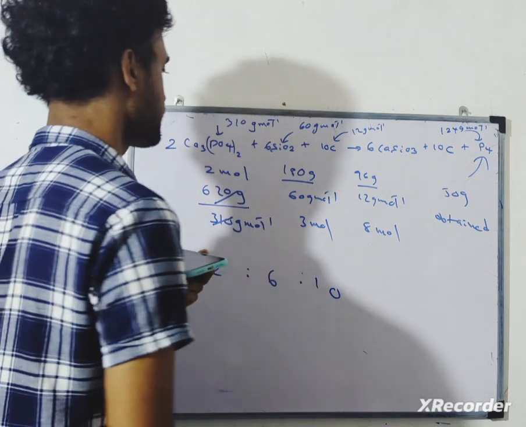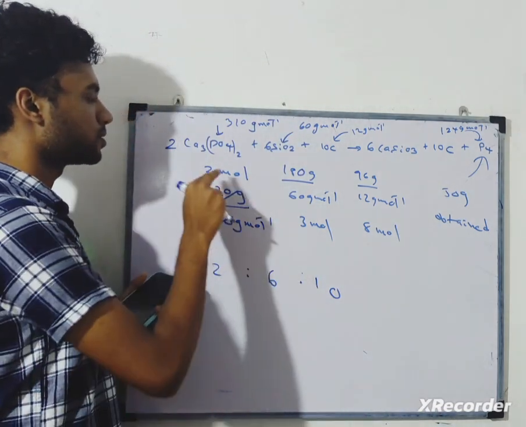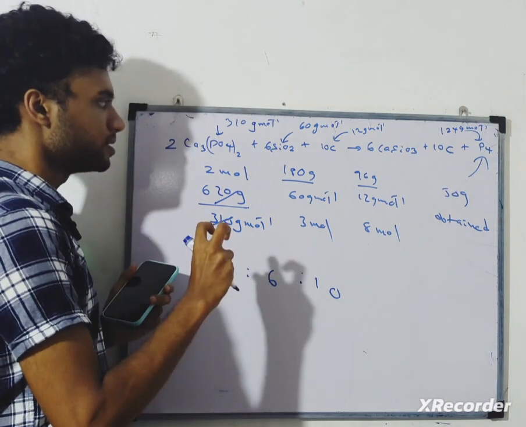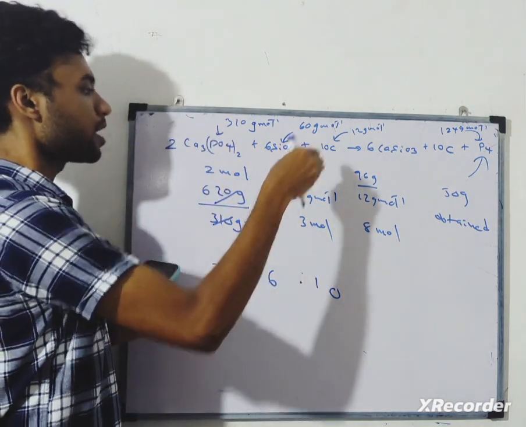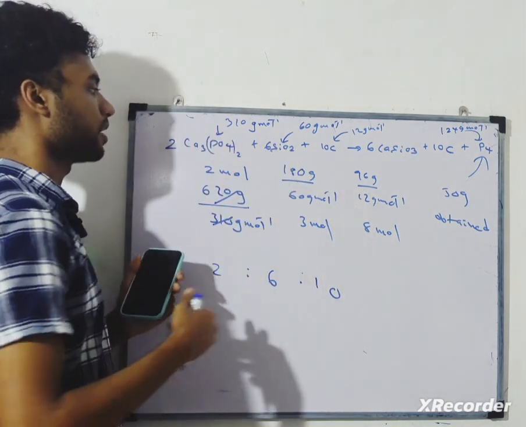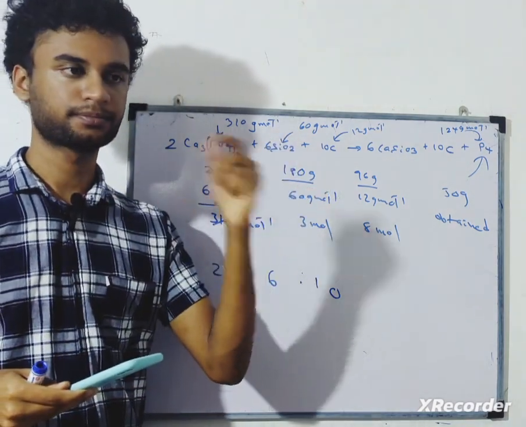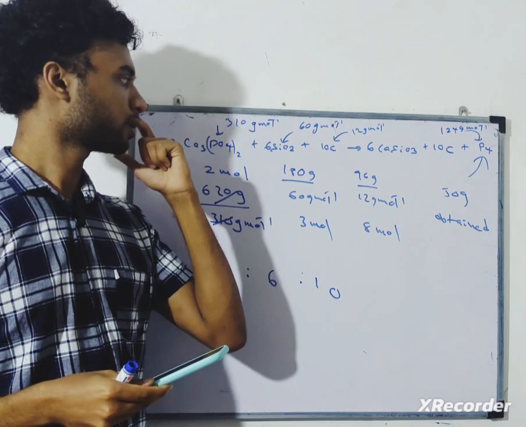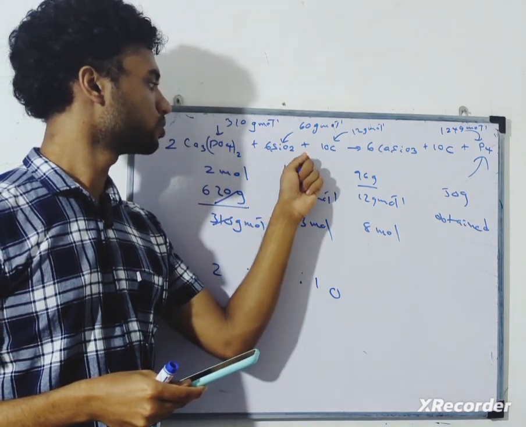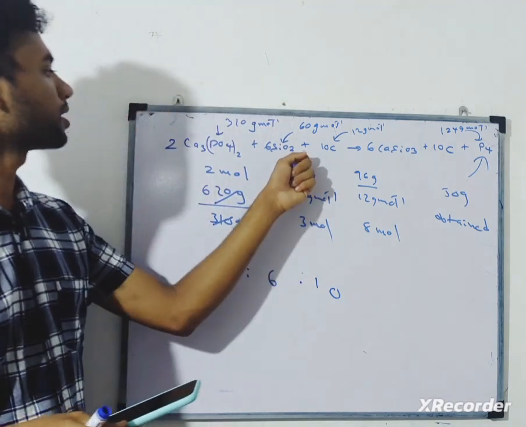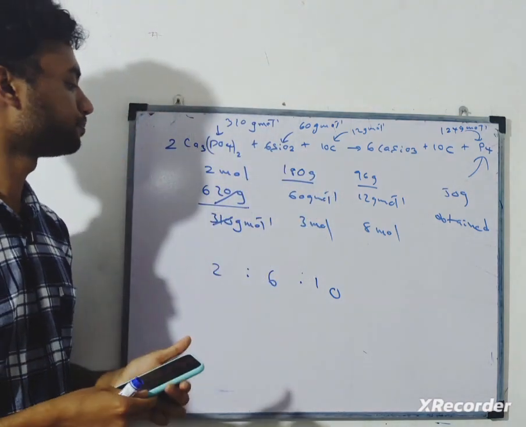2:6:10. If I start with 2 moles of calcium phosphate, I need 3 times of silicon dioxide to react. So I need SiO2, 3 times compared to calcium phosphate, to react.